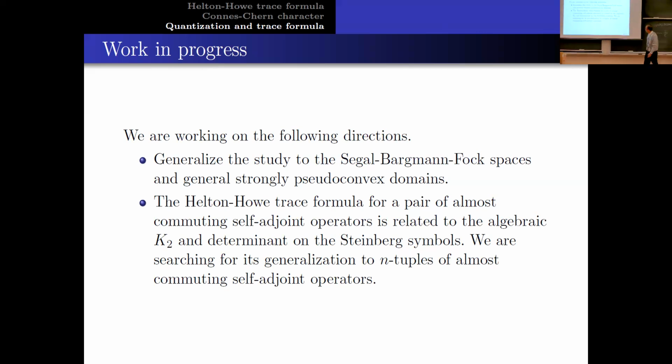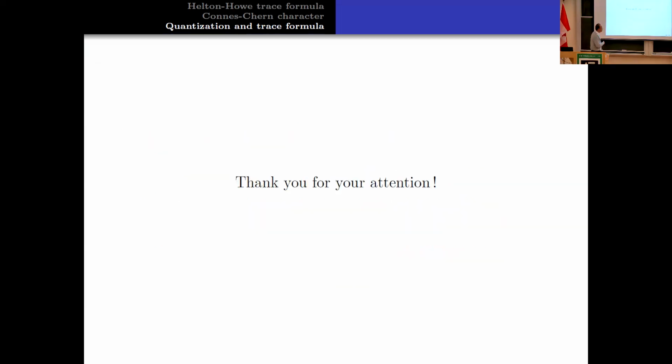So what is the right framework for the generalizations of algebraic, maybe multiplicative K-theory, or any suggestion? Marcus? Oh, good question. That's the algebraic K2 of C infinity on the essential spectrum space. Okay, so that's the two directions we are looking at. And thank you again.